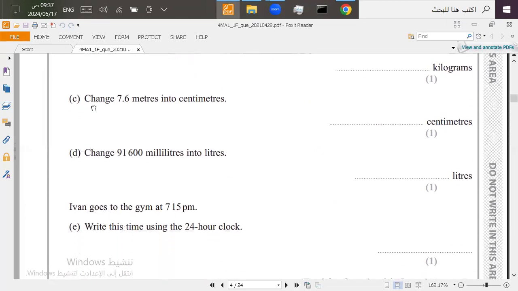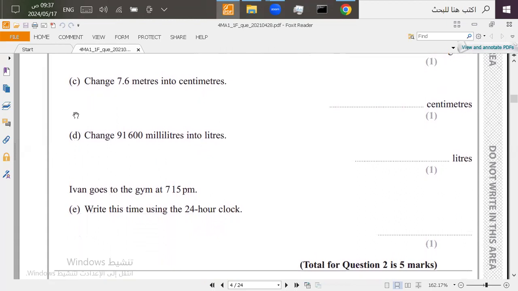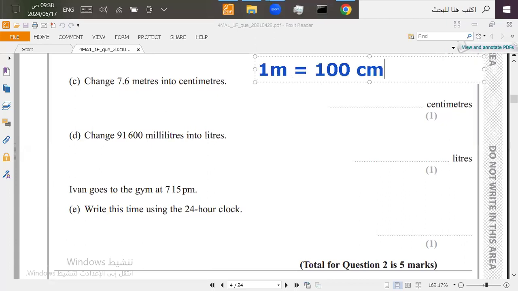Here, question C. Change 7.6 meters into centimeters. So we're going to change this into centimeters. We understand that 1 meter equals 100 centimeters. So to turn from meters to centimeters, we multiply by 100.